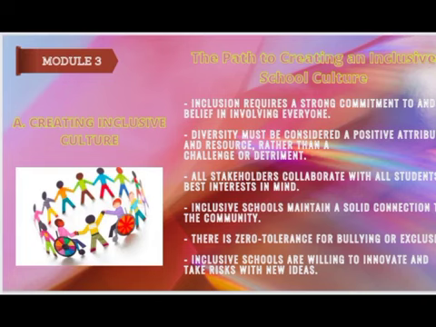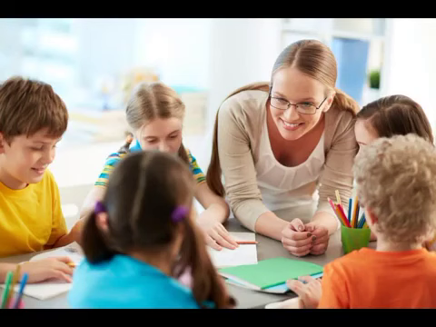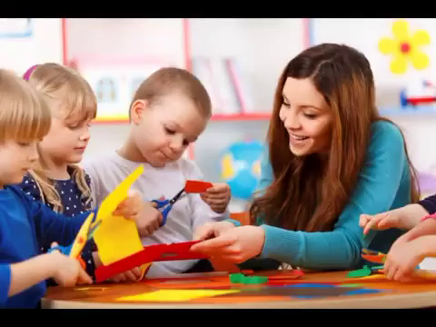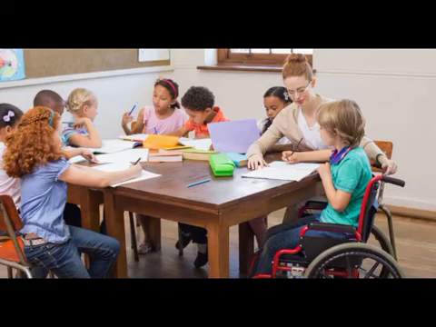Inclusive schools are willing to innovate and take risks with new ideas. Students freely express who they are, their own opinions and points of view. Students must fully participate in teaching, learning, and social activities, and they feel safe from abuse, harassment, or unfair criticism.